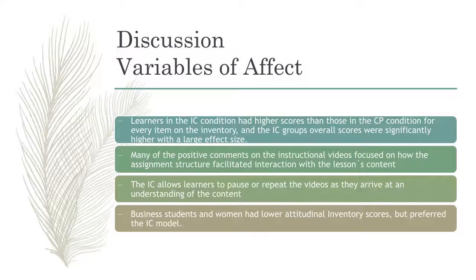So the discussion, first I'm going to talk about the variables of effect. One of the variables of effect was that learners in the inverted classroom condition had higher scores than those in the in-class presentational condition for every item on the inventory.